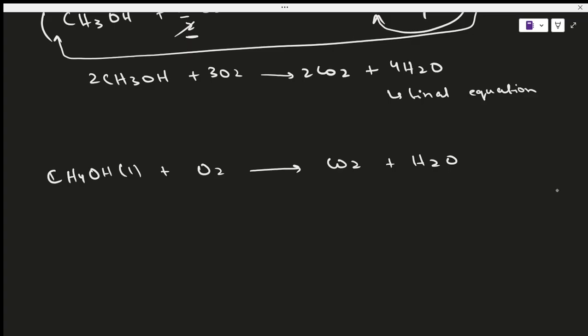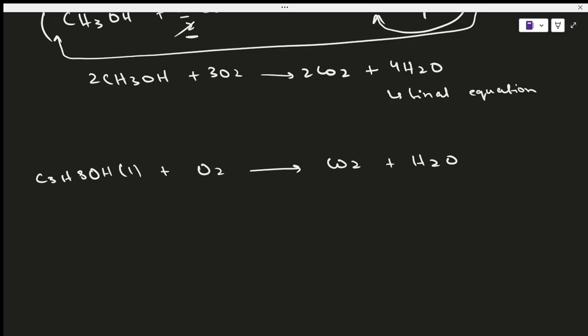It's not going to be CH4OH, because in propanol we're going to have 3 carbons and we're going to have 8 hydrogens. I just completely lost that one. I went out of my zone, sorry. So that is going to be C3H8OH. So this is your formula for propanol.